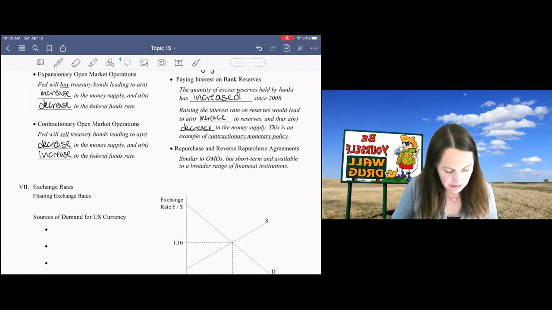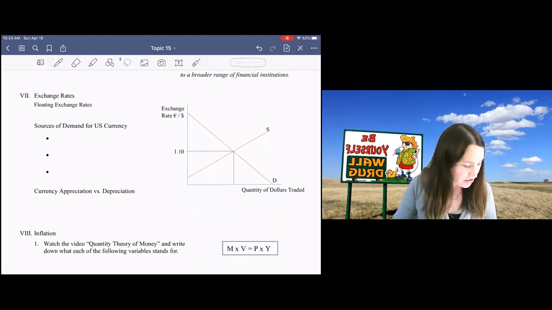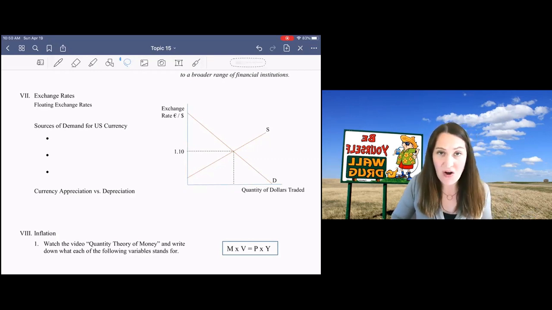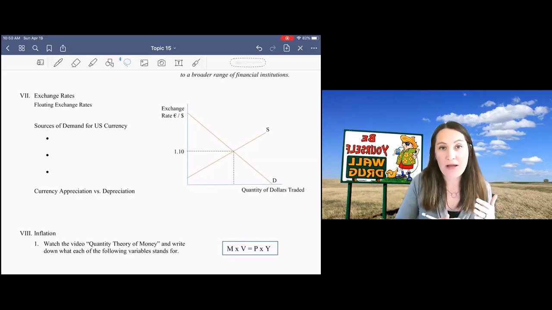All right, so we're just going to do a very brief introduction to exchange rates here, because I just want you to understand what exchange rates are and a little bit of the terminology around the way that we talk about exchange rates. So we talked before about how in the past currencies had been pegged to commodity prices or fixed to commodity prices, but that today the value of many currencies is determined by money supply and money demand.